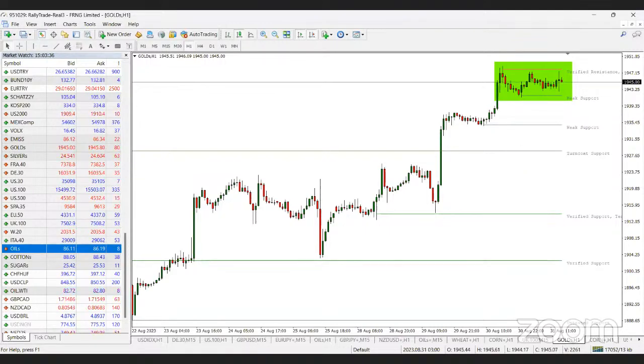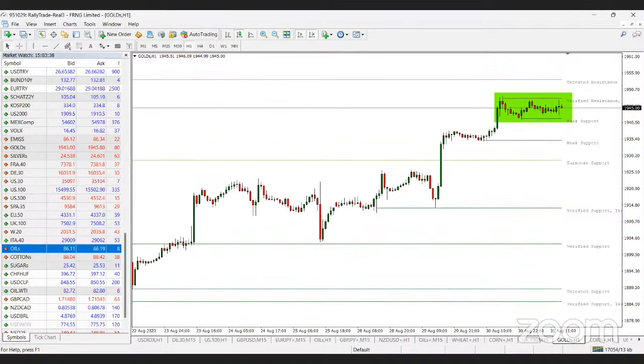So what gold will do depends on what it does around this tight box. Remember, as I've said before, when gold is in a place like this, especially when it's not like a very strong resistance, I can use a pending order. But when I see a resistance like this for gold, I always want gold to break that level before I trade.